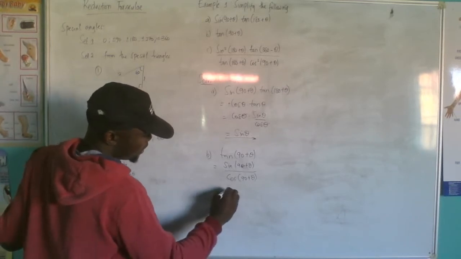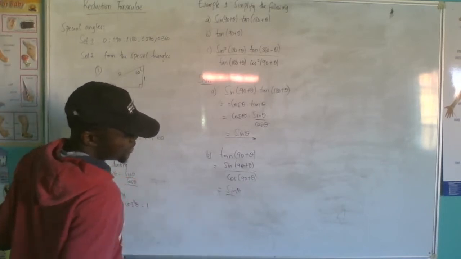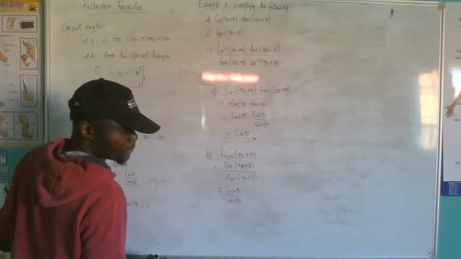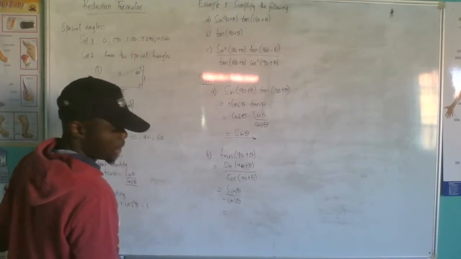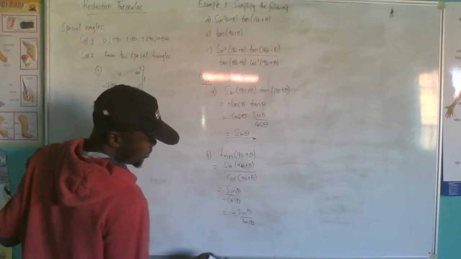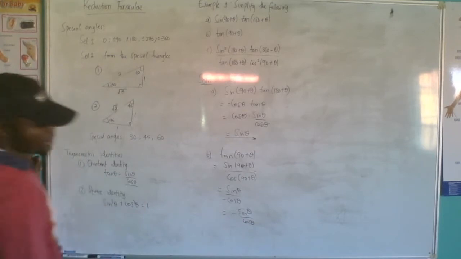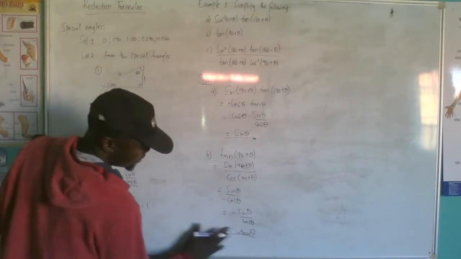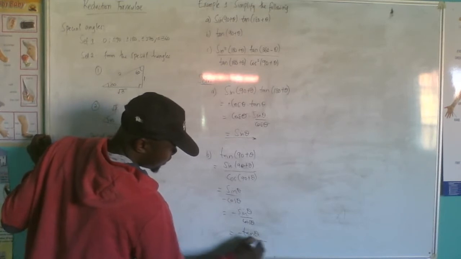In the second quadrant, sine is positive, so that becomes positive sine theta. For cos, in the second quadrant cos is negative, so that becomes minus cos theta. This gives us minus sine theta over cos theta. But sine theta over cos theta is tan theta. Therefore, this is equal to minus tan theta. And that is the answer.